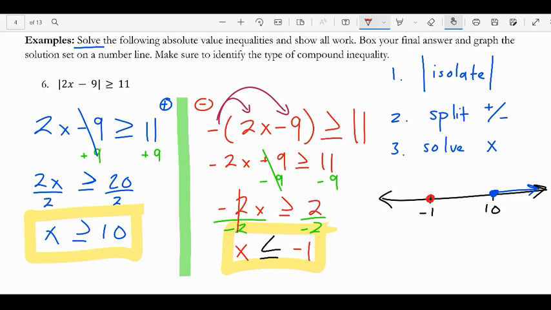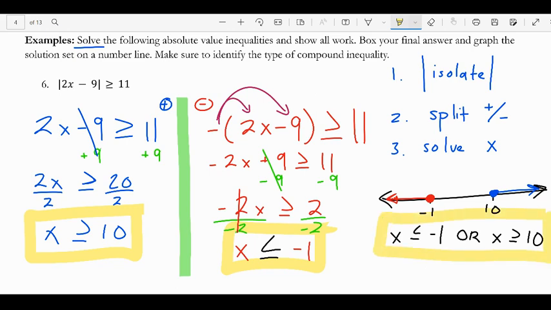So again, a closed circle, and it's going to go to the left. So since they're going opposite directions of each other, x is going to be less than or equal to negative 1, or x is going to be greater than or equal to 10. So this is my final answer.